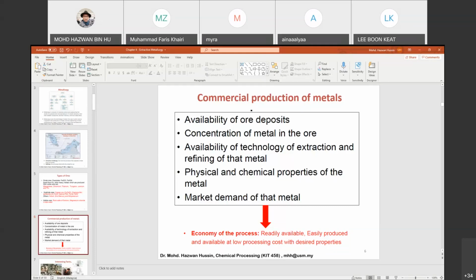And finally, the market demand of that metal. If you don't have a demand, then it is not worth making that kind of industry. So at the end, what we should look at is the economy of the process. It should be readily available, easily produced, and available at low processing costs with desirable properties.